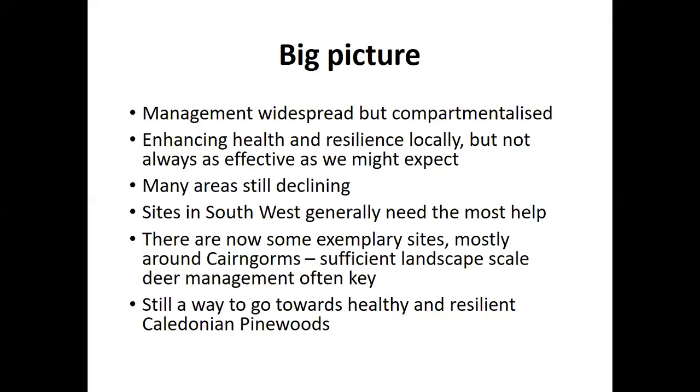Also, there's overlap between pine woods and other habitat types like birch woods. So a lot of the things that live on the birch or on the juniper can also live on birch and juniper outside Caledonian. I guess what Caledonian pinewood often does is bring a lot of these elements together, but there's not that many species that solely depend on it.